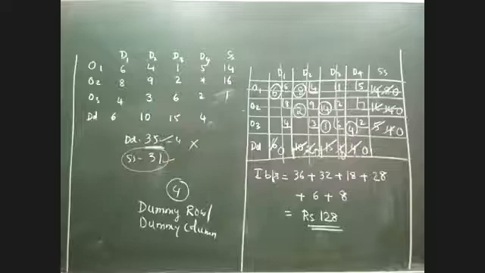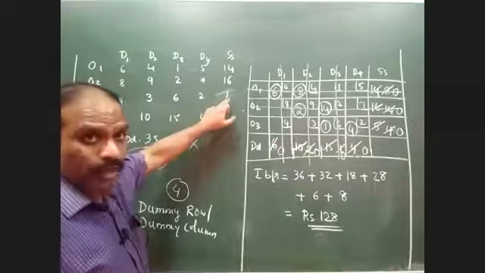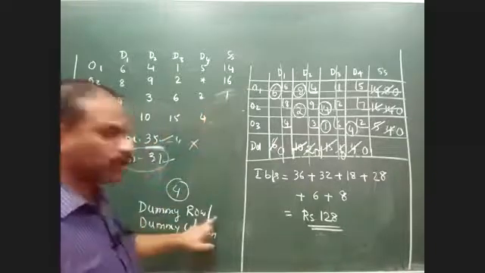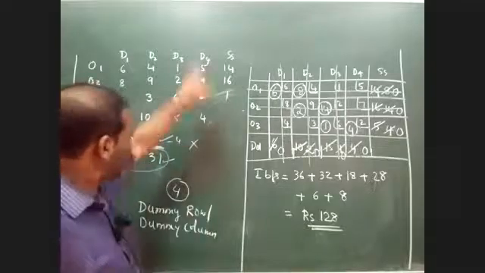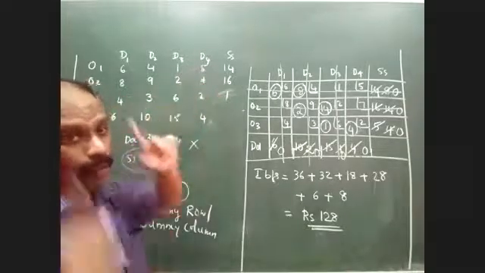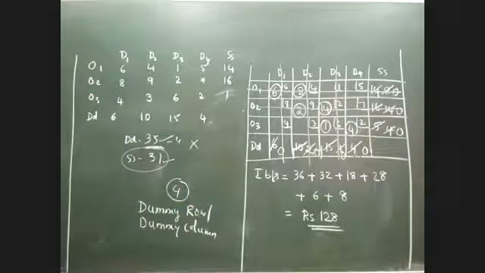Please remember, whenever there is a shortage in the row, a dummy row has to be introduced. Whenever the shortage is in the column, then a dummy column has to be introduced. Now in this question, where is the shortage?